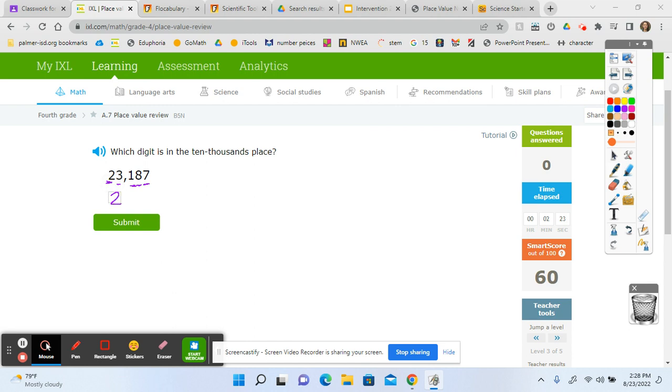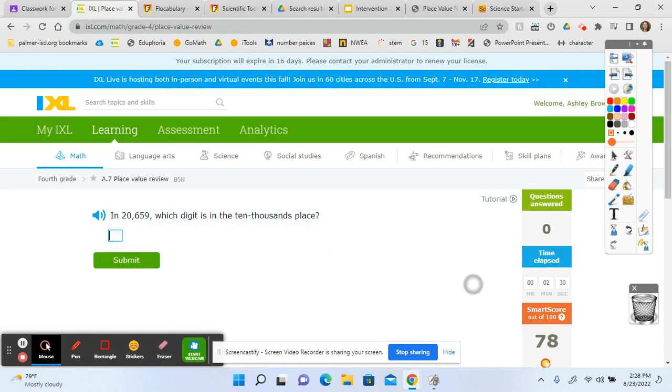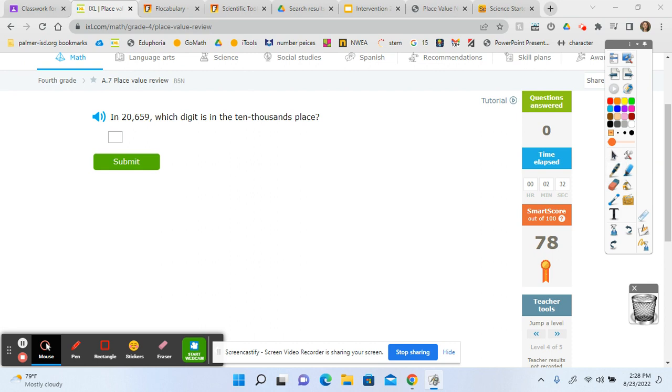This answer would be 2. Okay, next type of question right here. Says in 20,659, what digit is in the 10,000s place? So similar question. We just want to know what digit is in the 10,000s place. Again, that'll be a 2 this time. That's the 10,000s place.